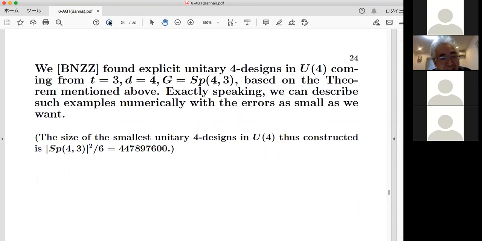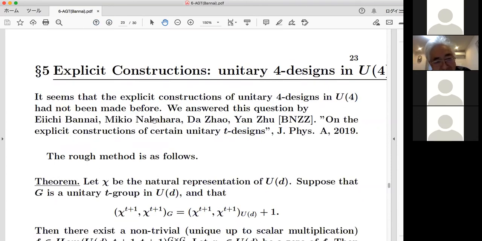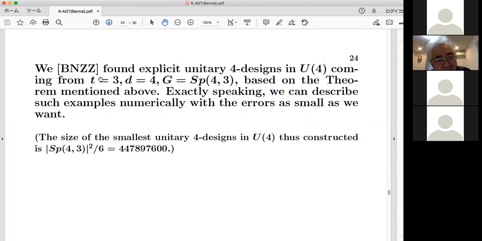So this is a general result, but we apply this. So in our paper by Bannai, Nakahara, Zhao, and Yanju, we could show that we had a unitary 3 group SP(4,3). This is a symplectic group, not simple. That has a center of order 2. This has a 4-dimensional complex representation.